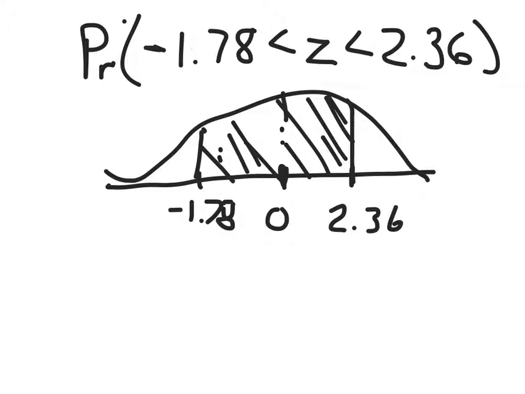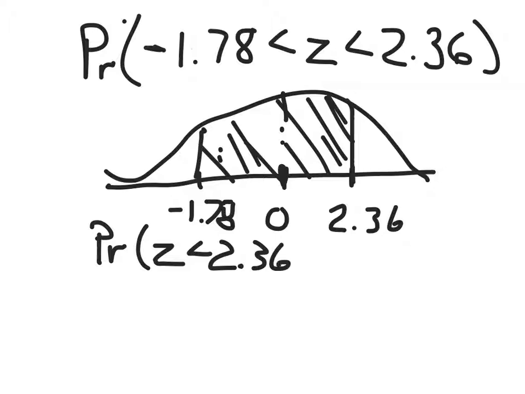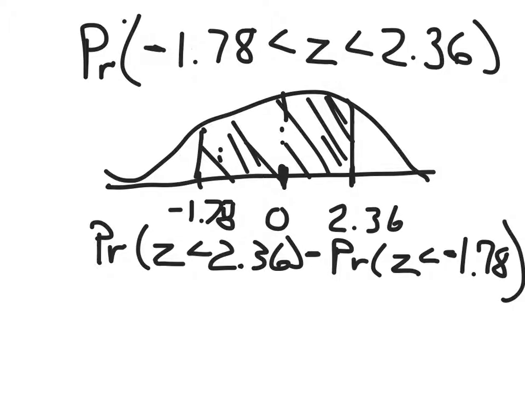But what I will do is take the probability that z is less than 2.36 and subtract out the probability that z is less than minus 1.78. And that's going to give me my answer. But see, once I have it in this way, then I will just be looking things up right out of their respective tables, and then I'll do the subtraction.